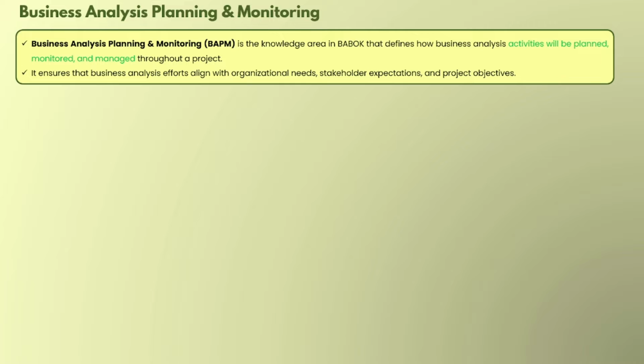Business Analysis Planning and Monitoring, BAMP, is the knowledge area in BABOK that defines how business analysis activities will be planned, monitored, and managed throughout a project. Let's see the activities one by one. Plan means decide what business analysis work needs to be done and how to do it.